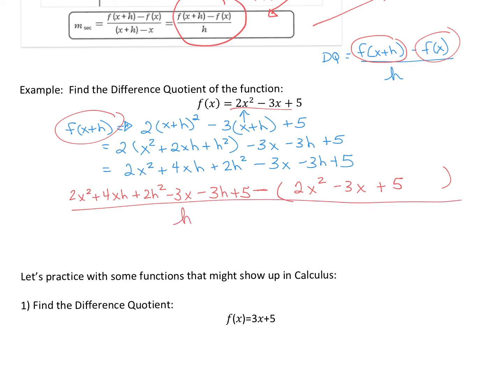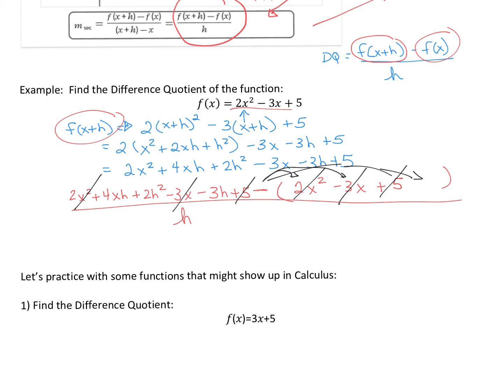Now what you should notice is that once I distribute this negative sign through, 2x squared minus 2x squared adds to 0, minus 3x plus 3x adds to 0, and 5 minus 5 adds to 0.